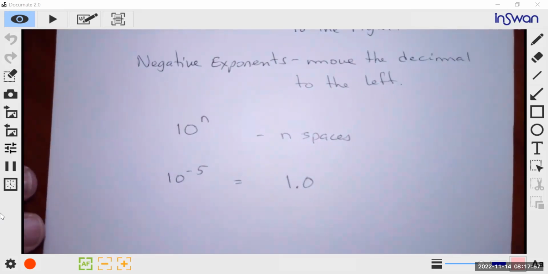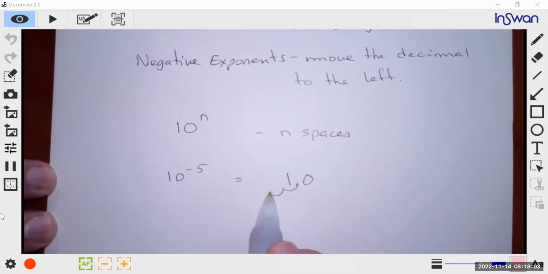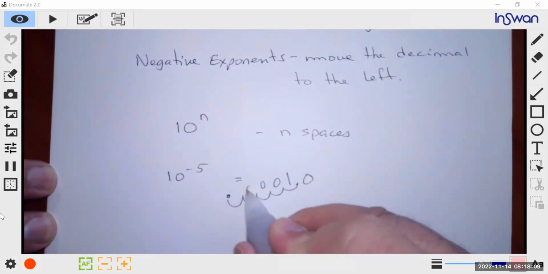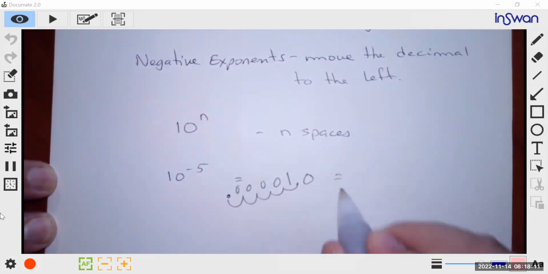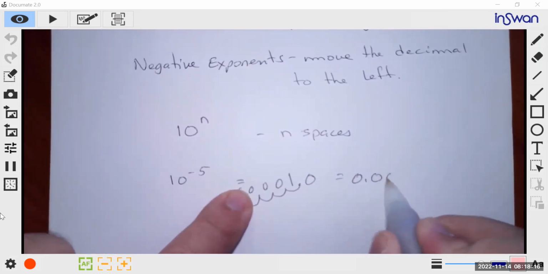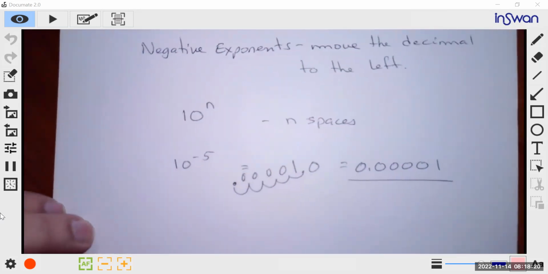Which direction do I move the decimal? Move it to the left 5 spaces. So that's 1 space, 2, 3, 4, 5. So that's 0, 0, 0, 0, 1. There's my number.